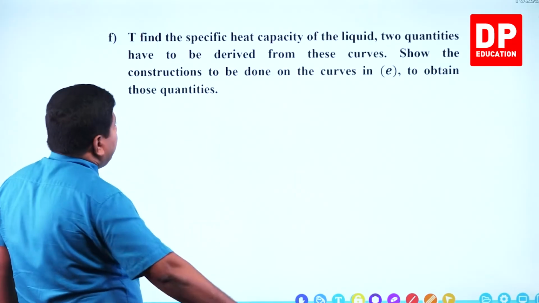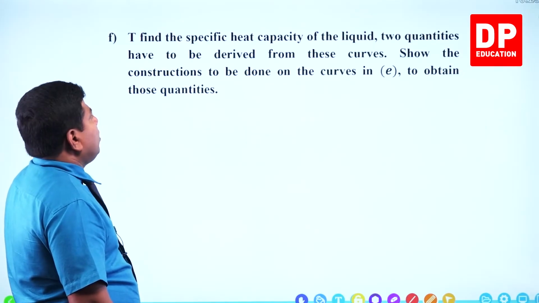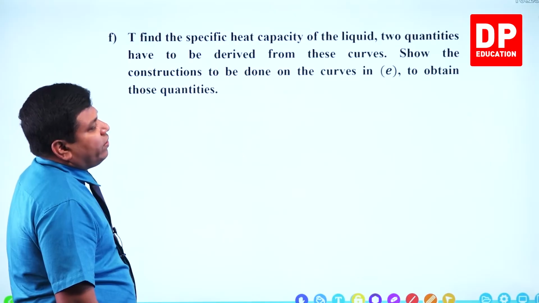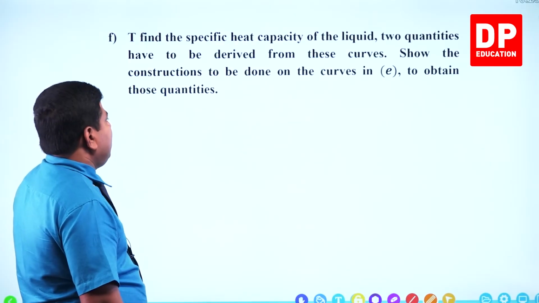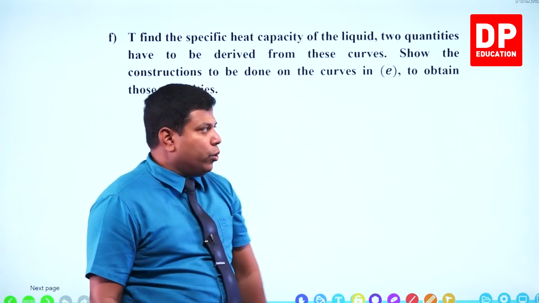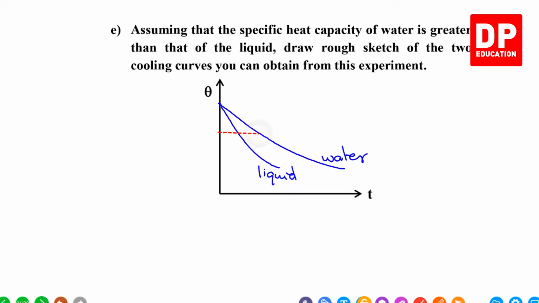Next, to find the specific heat capacity of the liquid, two quantities have to be derived from these curves. Show the construction to be done on the curves in E to obtain those quantities. We did that after the experiment, when we did the calculation, I showed you. You need to select two temperatures, let's say from this point to this point.